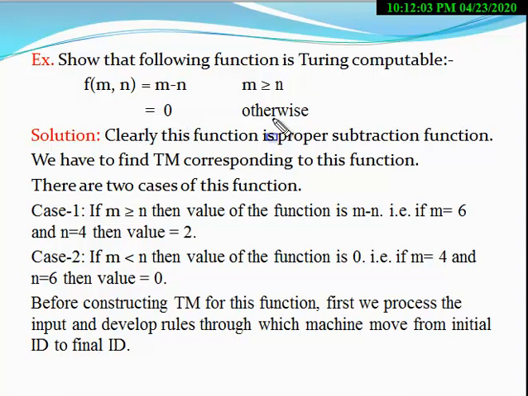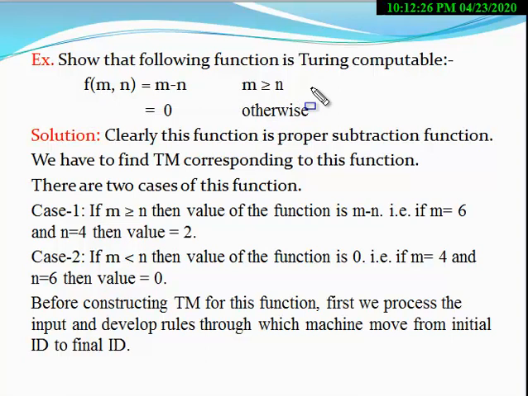That is, if the value of m is greater than or equal to n, then the value of the function will be m minus n, and if the value of m is less than n, then the value will be 0. So you have to show that this function is Turing computable.